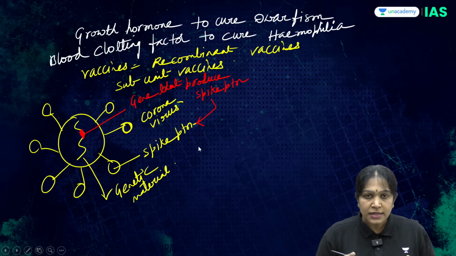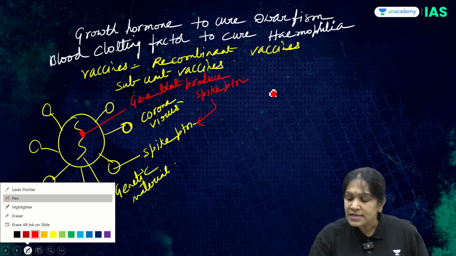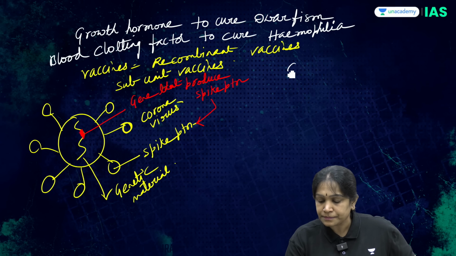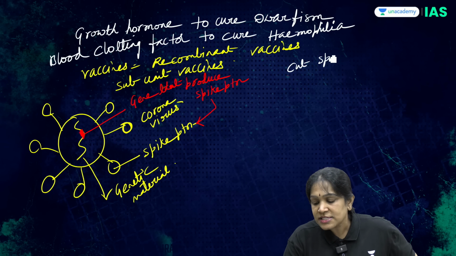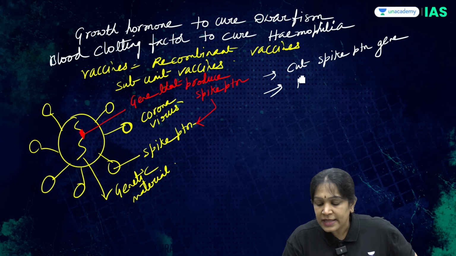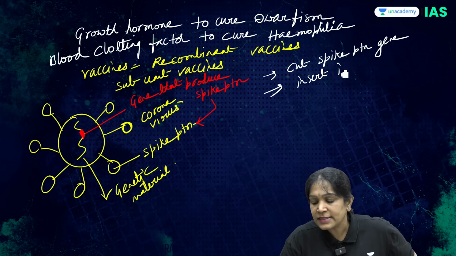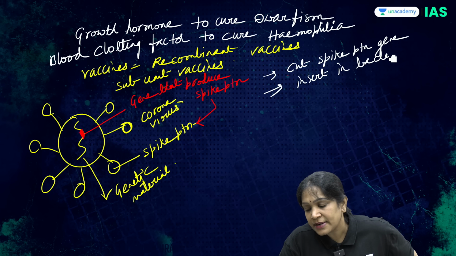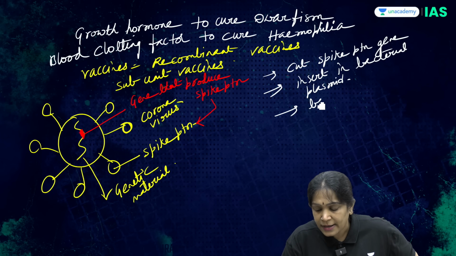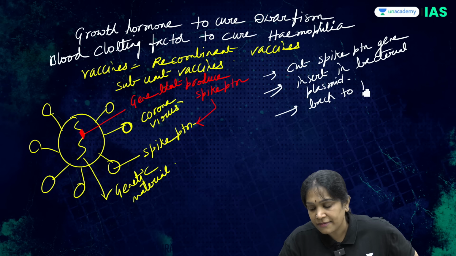Now what we do? Cut the spike protein gene. Is it clear? Cut the spike protein gene. Step 2. Insert this in the bacterial plasmid. Then give it back to bacteria.